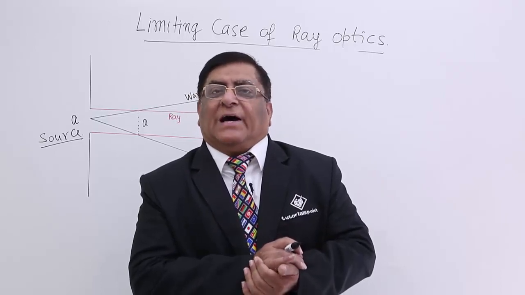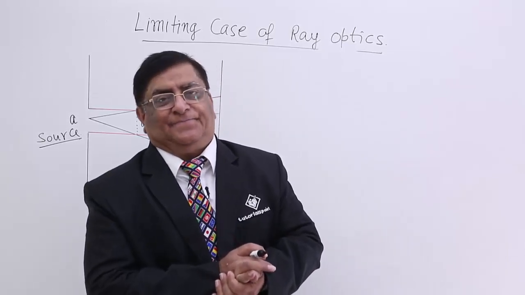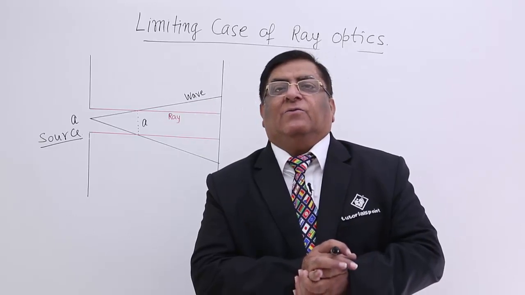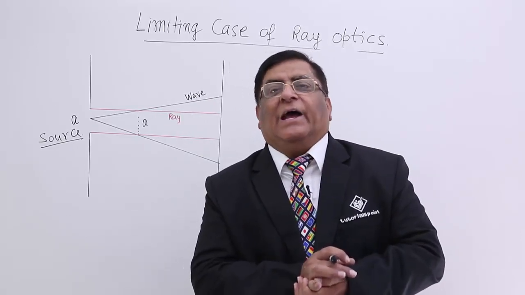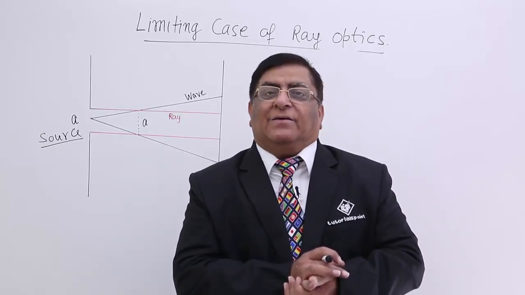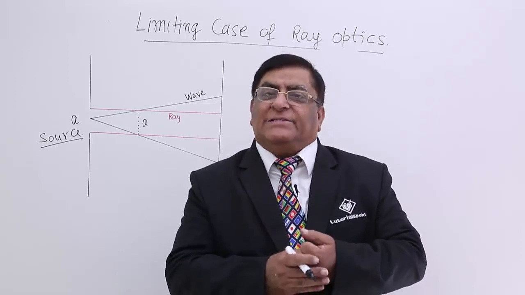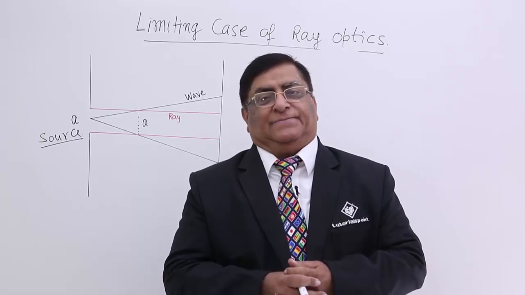So, the answer is both optics are correct, but initially when we are close by, we take help of ray optics, and when the distance becomes large, then the wave optics takes over and the images are formed according to the phenomena of wave optics.